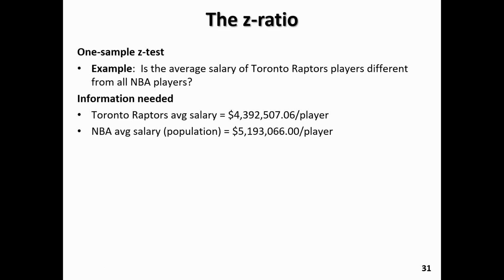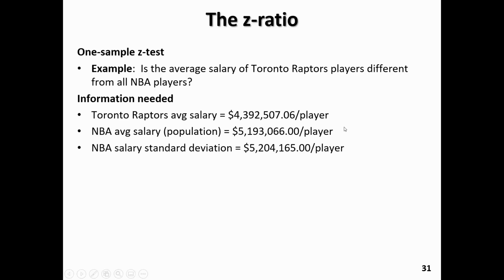Further investigation might show that the average salary for the entire population of the NBA is almost $5.2 million per player. So at first glance, the average salary for the Toronto Raptors per player is considerably lower than that of all the players in the NBA.